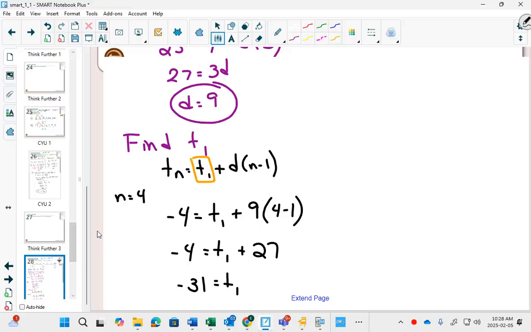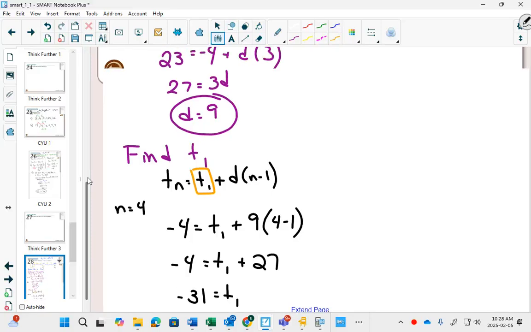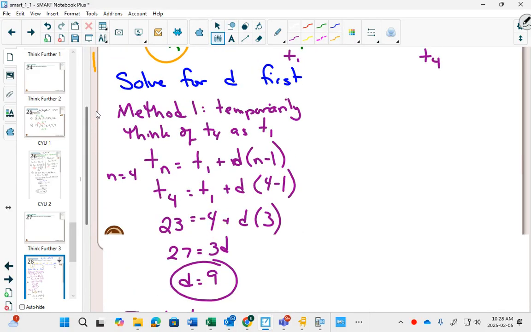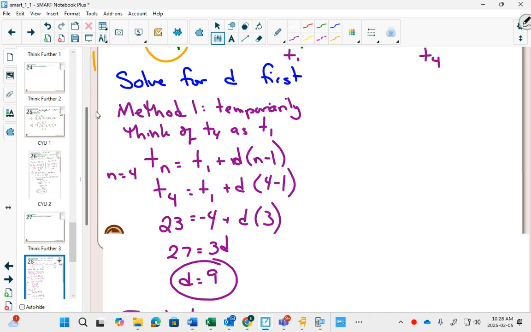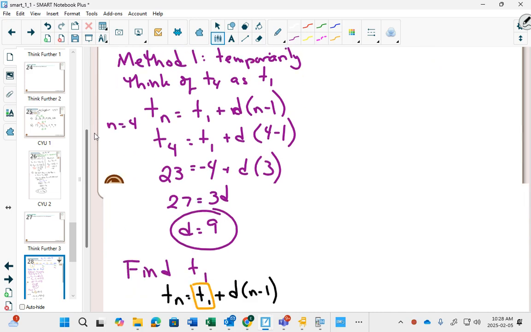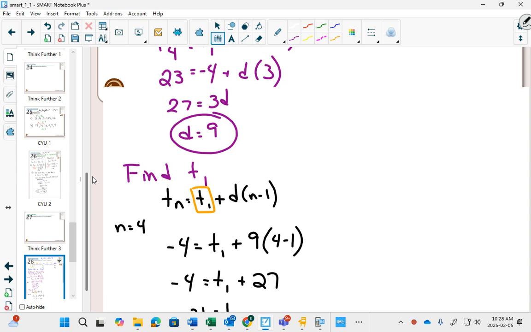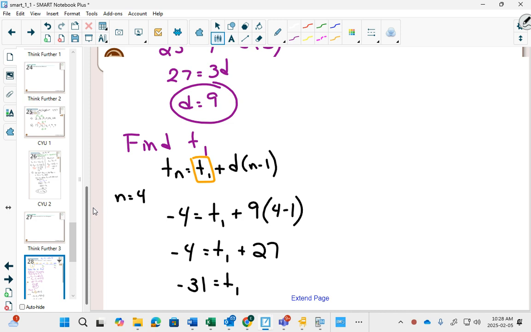So you see how I still use the formula, but now it's the actual regular formula. Whereas temporarily, I thought term 4 was term 1, so I could find D. And then I went back and said, well, now I can use the actual formula. And now that I know D, I can find term 1.